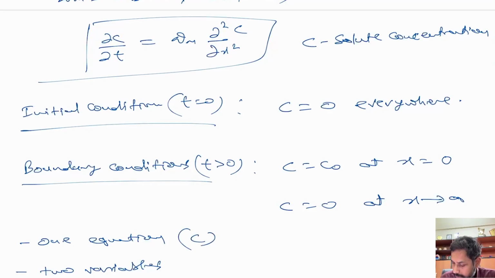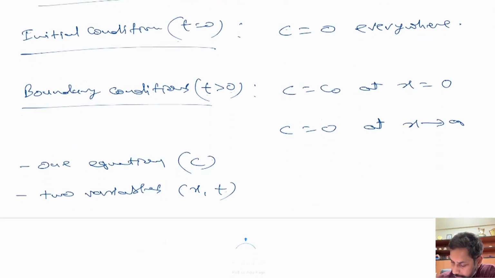So one equation on c and two variables, x and t. It is difficult to solve one single equation with two variables, and that is why we will use a technique called similarity solution to find a solution to this equation. Using just this partial differential equation, we cannot get a solution.